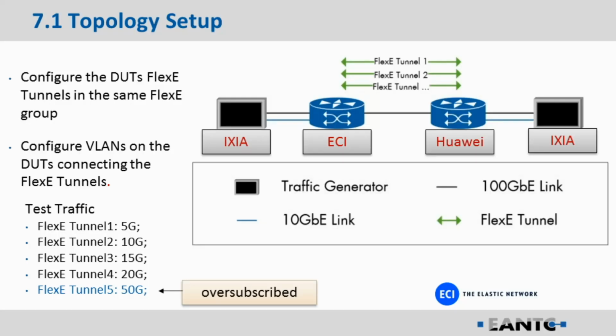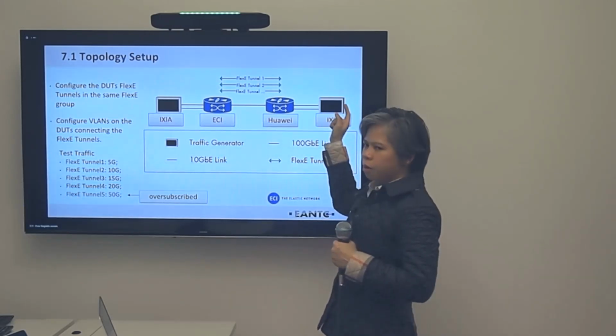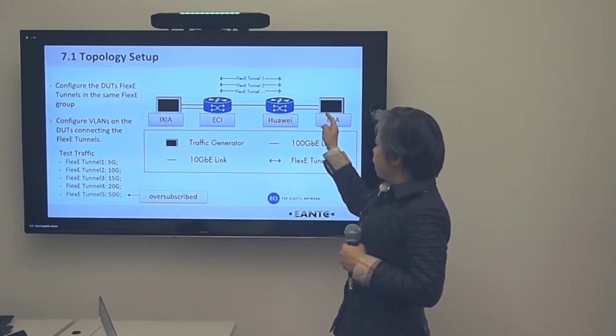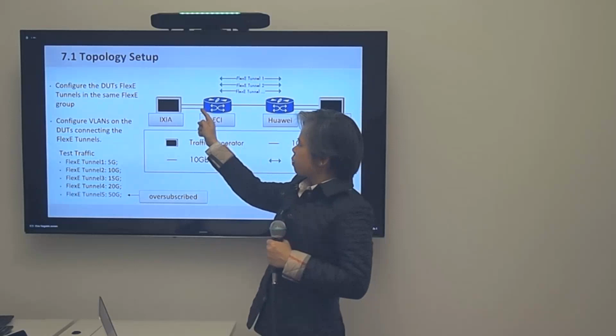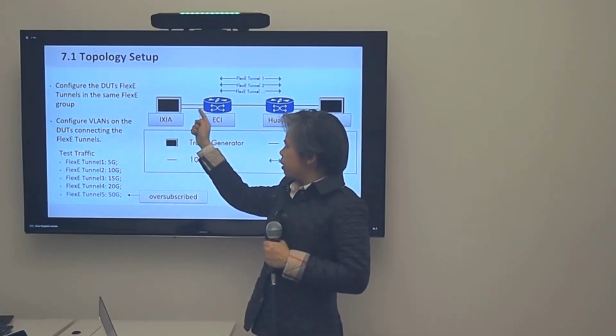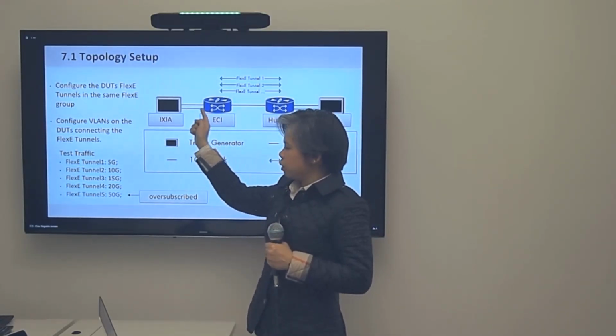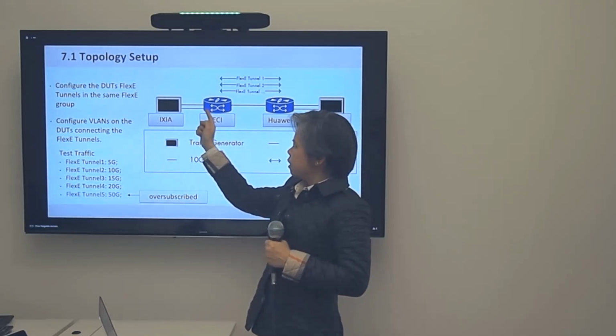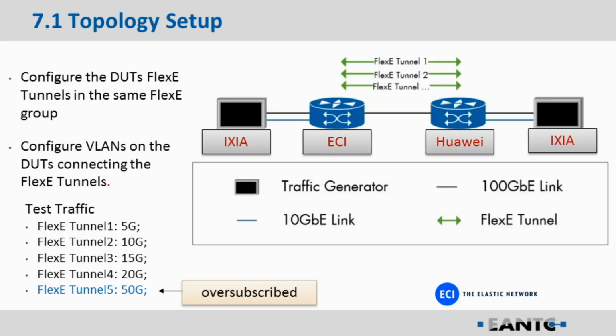On the first step, we will run this without packet drops, of course. On the second step, we will oversubscribe VLAN 5, which is the 50 gig, by using an additional interface to the test equipment. From ECI, this is a 10 gig link, and from Huawei, this is a gig E link.